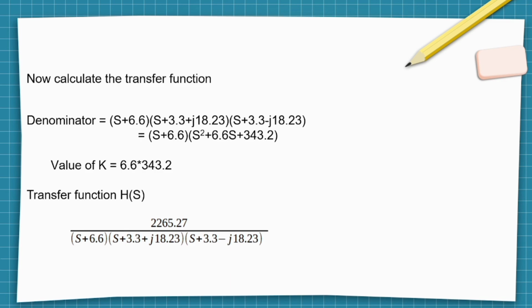So we obtain a transfer function where H(s) is equal to 2265.27 divided by (s plus 6.6) into (s plus 3.3 plus j 18.3) into (s plus 3.3 minus j 18.23).